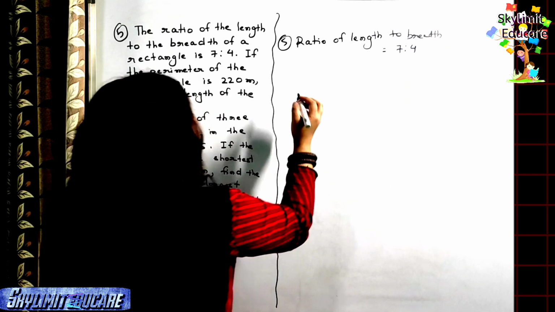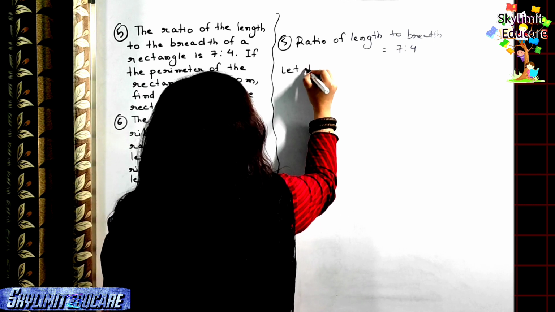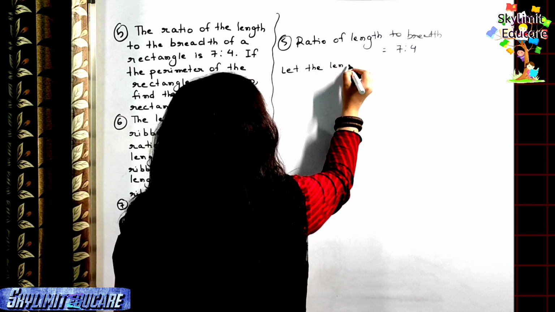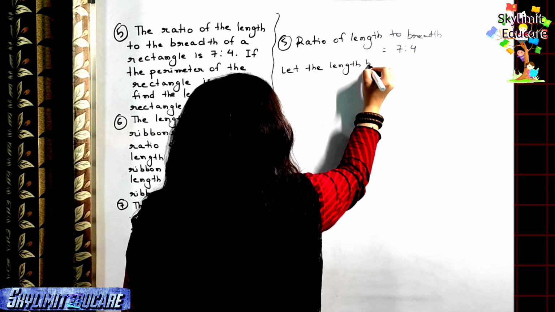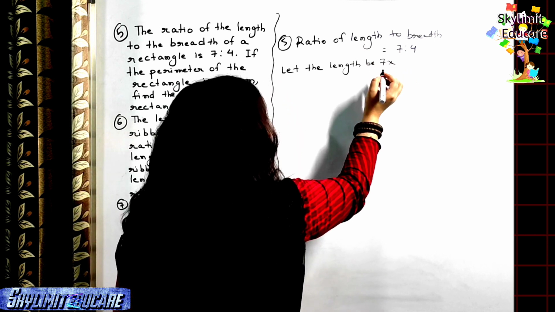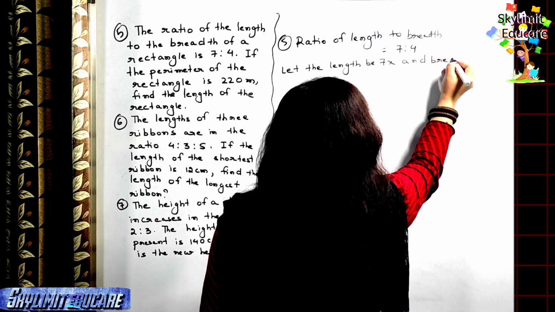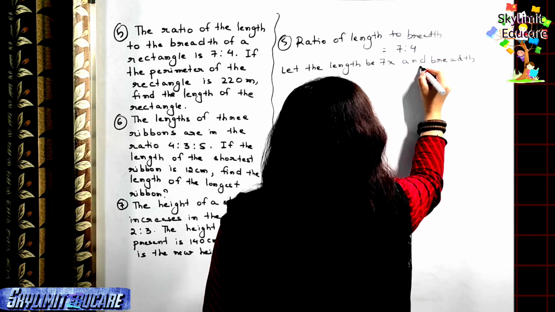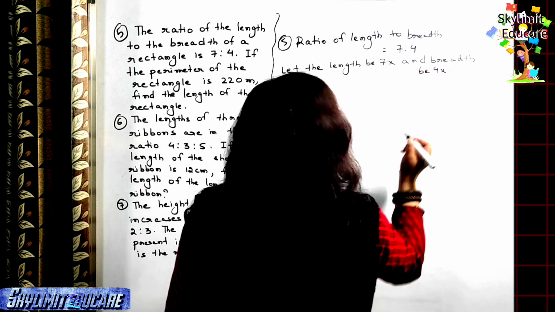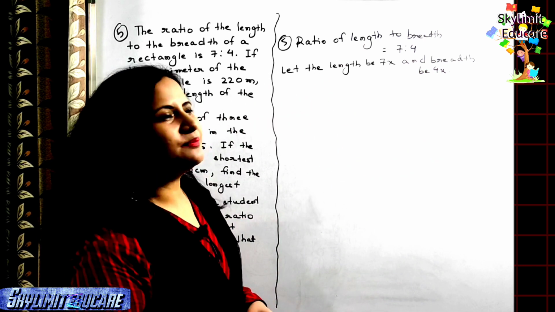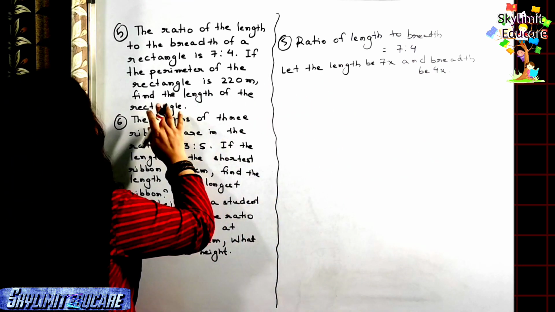Okay, so let the length be 7x and the breadth be 4x. Yes, we can take it. And now what's given?